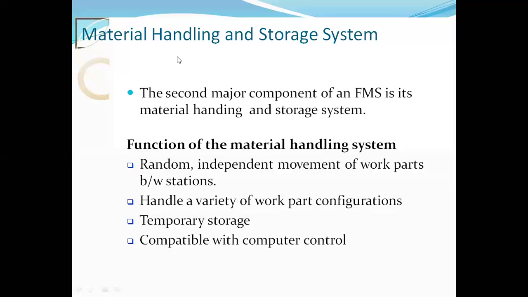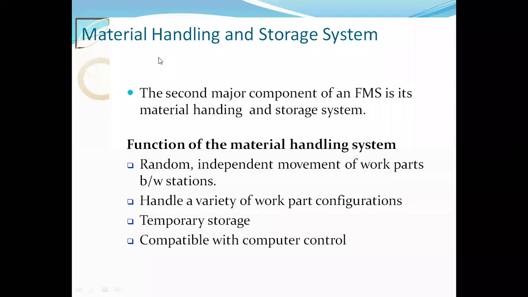Next one is material handling and storage system. See, as I told, it has a very important role in any manufacturing industry, because handling the components is very important, starting from the raw material till the finished product. Handling is very important.